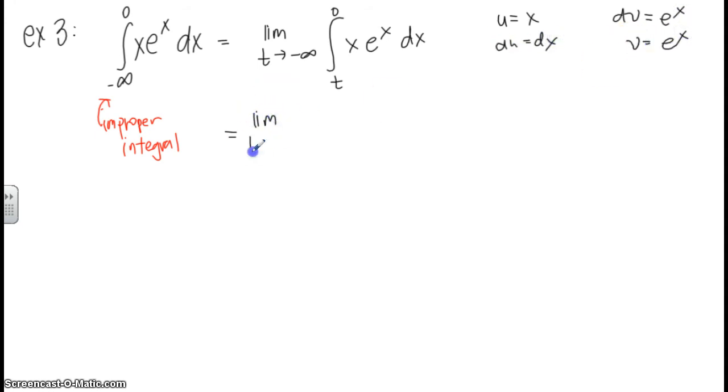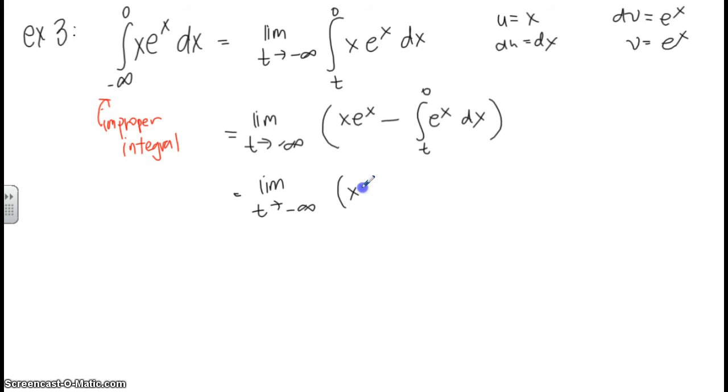So it's still the limit as t approaches negative infinity of uv minus the integral of v du from t to 0. So it'll be the limit as t approaches negative infinity of x e to the x minus e to the x from t to 0.